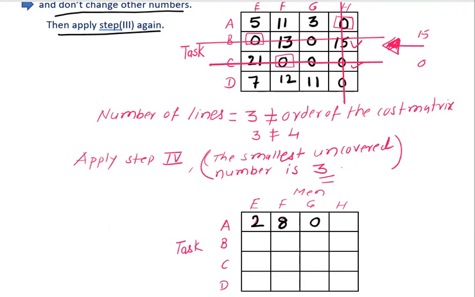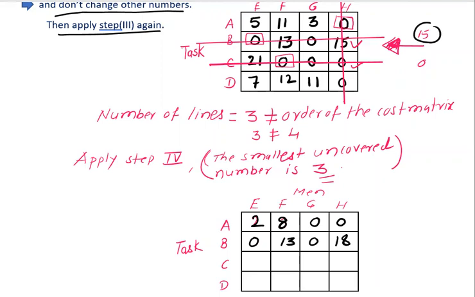We have to subtract it from the uncovered numbers. Do not change the numbers on the line. So we keep 0 as it is. This 0, 13, 0, these are the numbers on the lines. 15 is on the intersection. So we have to add 3 to the numbers which are on the intersection. So 15 plus 3 is 18.